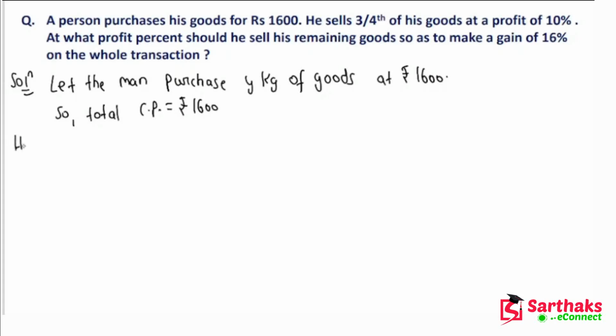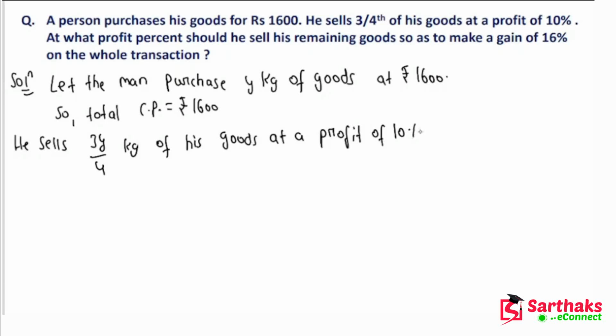So he sells 3y/4 kg of his goods, which he has purchased, at a profit of 10%. Okay, so what is the selling price? The cost price of total objects was 1600. So we'll calculate the cost price of these goods and the selling price of these goods, and we'll find out.